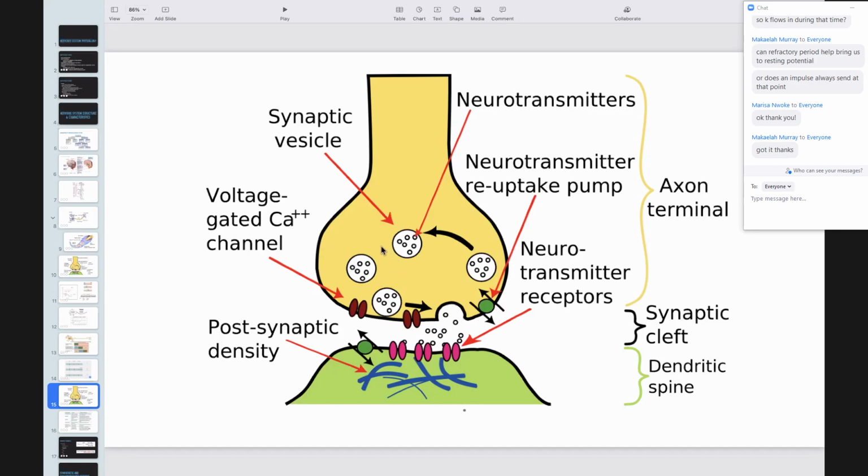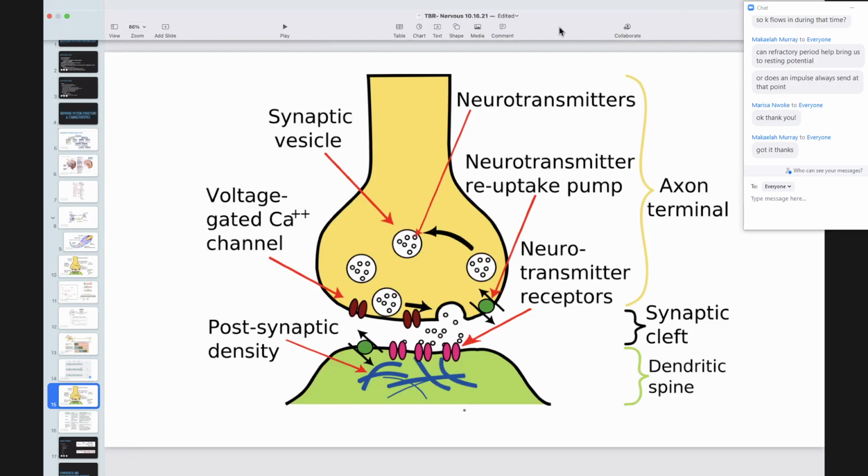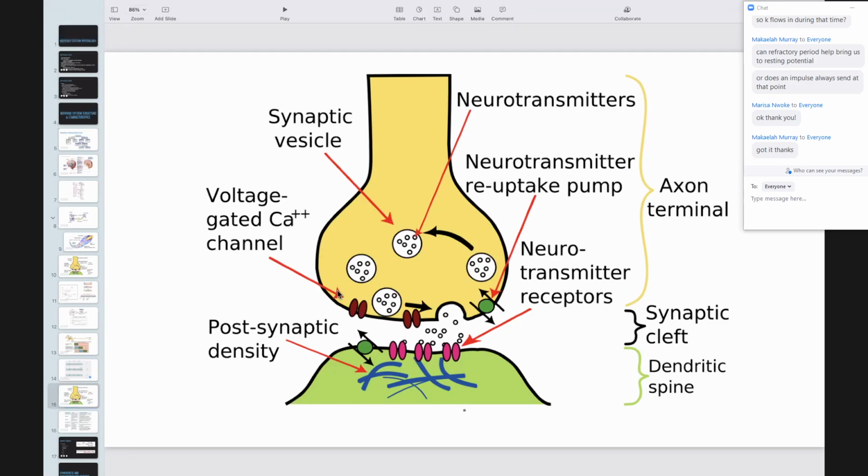And when it binds to these vesicles, we have these little SNARE proteins on the inside that will grab on, latch on to this vesicle, pull it down. This vesicle is just a little package of chemicals. It's a little, happy little gift. The SNARE proteins are going to pull this little package of chemicals to the cell membrane surface, and the vesicle will fuse and release chemicals into this space.